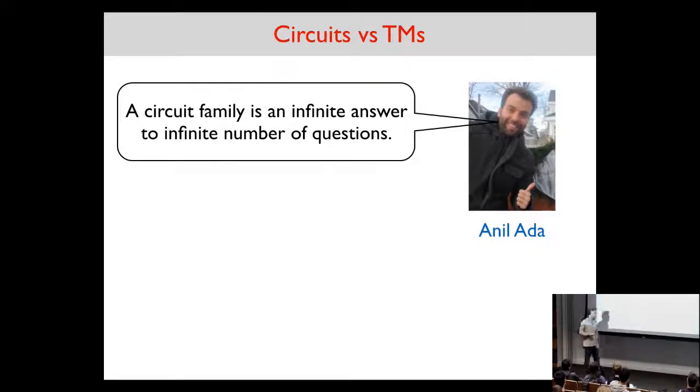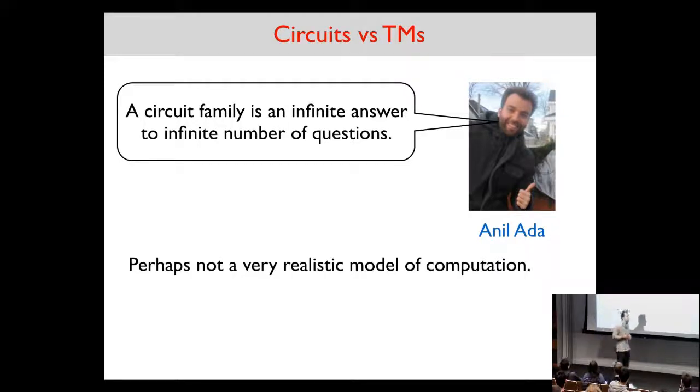For each input length, you need a circuit, which means you need infinitely many circuits to handle all possible input lengths. So you might say this is perhaps not a very realistic model of computation.